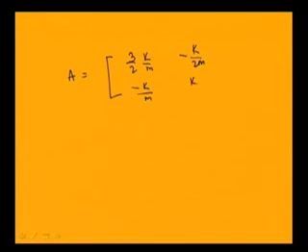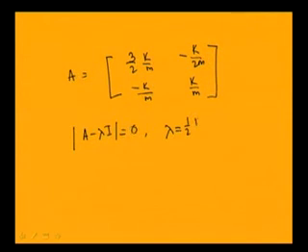So, I can find the eigenvalues of this matrix by finding the determinant of A minus lambda I equal to 0. This will give me lambda 1 equal to half K by M, and lambda 2 equal to 2 K by M. So, lambda 1 equal to omega 1 square and lambda 2 equal to omega 2 square.